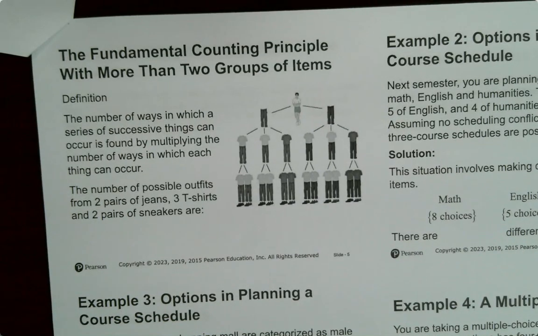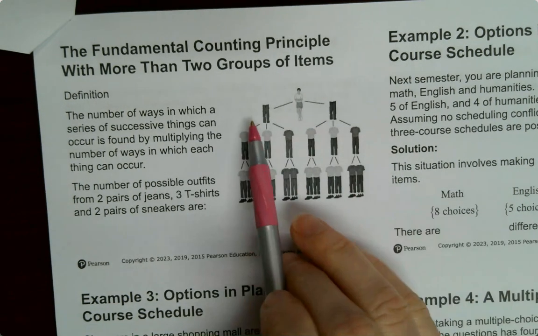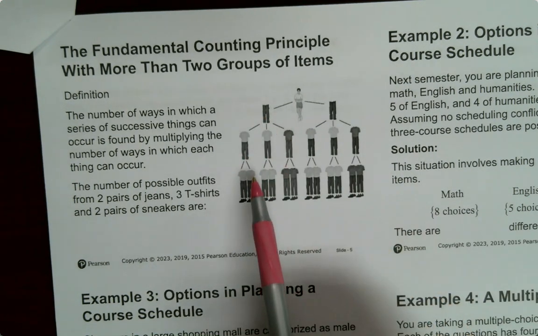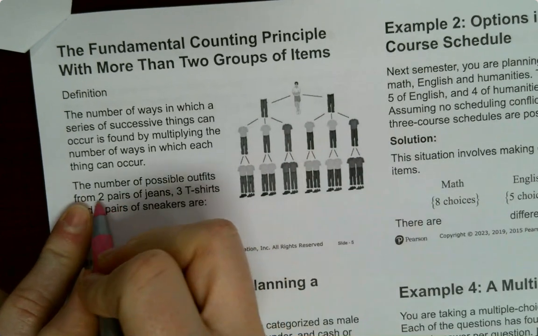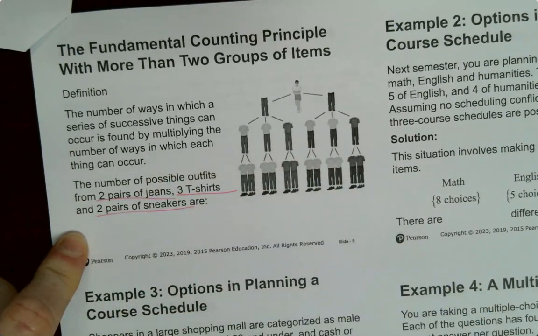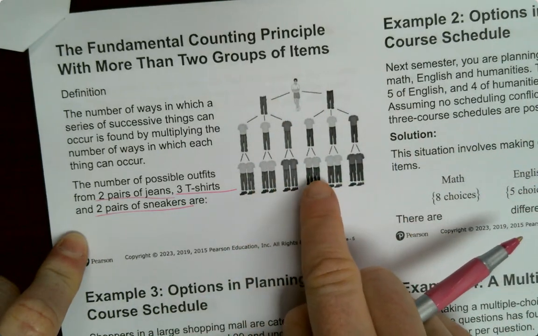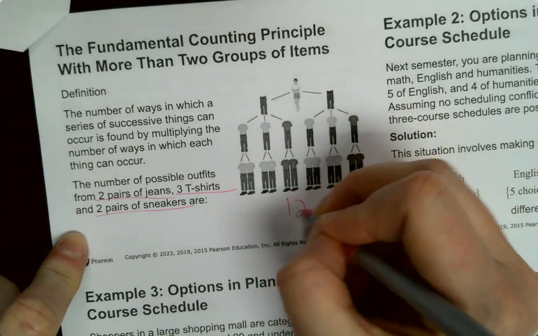So you're listing all possible outcomes. And let's look at the fundamental counting principle with more than 2 groups of items. So this is pants, shirts, and shoes. So it says we have 2 pairs of jeans, 3 shirts, and 2 pairs of sneakers. So you can count them up if you make your tree diagram: 2, 4, 6, 8, 10, 12.